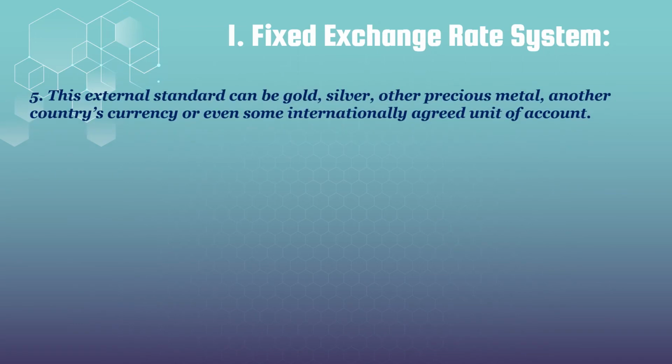Further, the external standard can be gold, silver, a precious metal, another country's currency, or even some internationally agreed unit of account. What does the government hold in its reserves? Government maintains its reserves in the form of gold, silver, or other precious metal, or another country's currency, or even foreign currency as well.